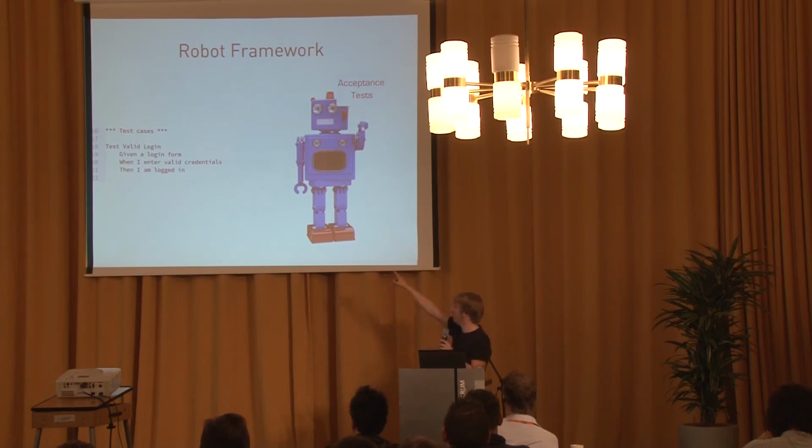Given a login form, if you enter your valid credentials, then you're logged in, right? This is really easy to read, and you just read it and you know exactly what it does. Compare that to a regular doc test, which is 200 or 300 lines. You never get what it is supposed to test.